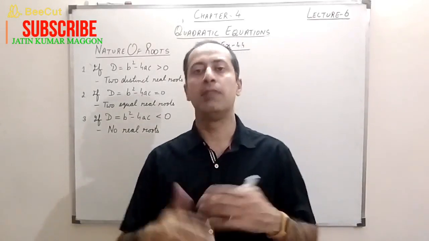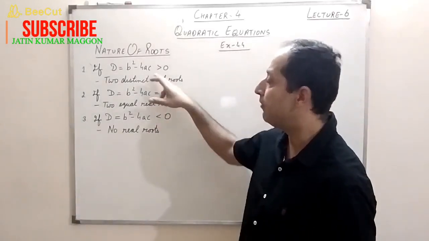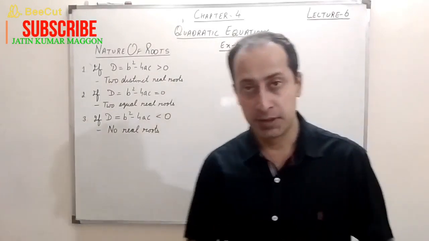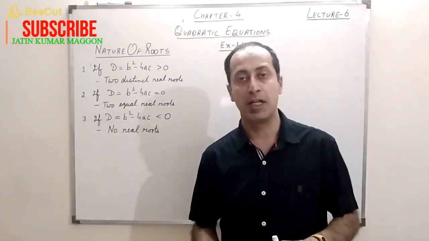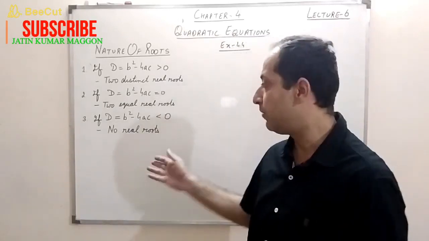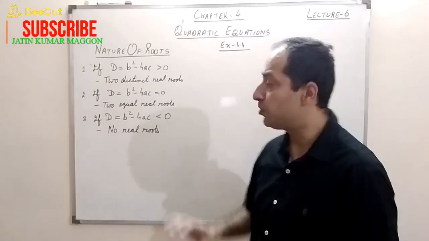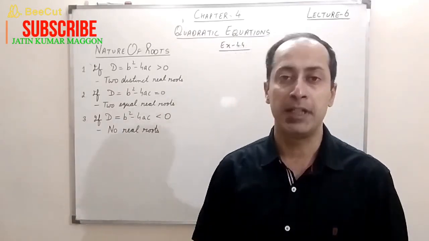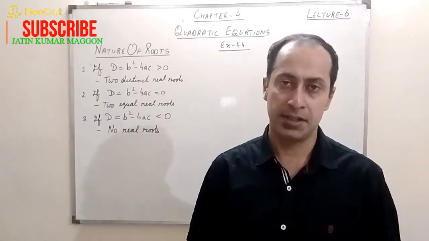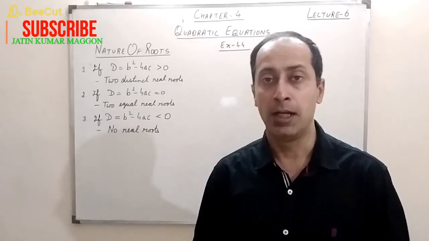We are taking the reverse of this thing. In the first question, we found the roots, and then we formed the condition, whether they have distinct real roots, equal real roots, or no real roots. Now there is a reverse condition. What they have given is that the roots are equal. So when the roots are equal, obviously the discriminant will be equal to 0. Using that condition, we can find the value of the unknown constant which is given in the question, right?